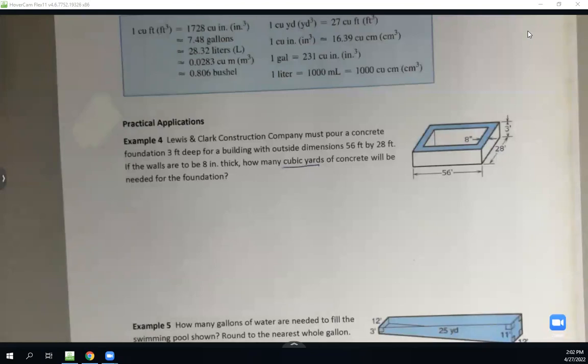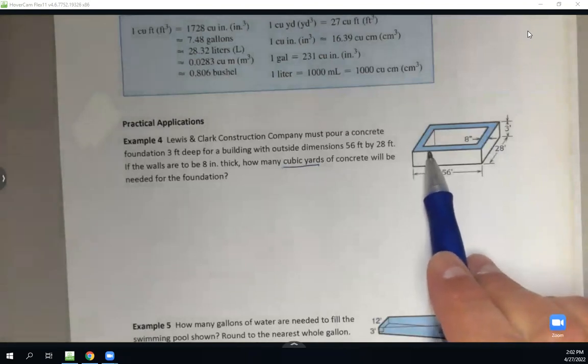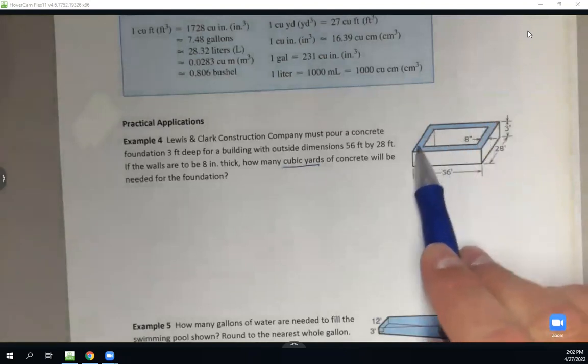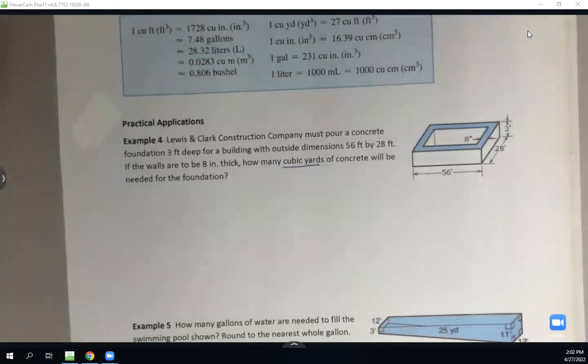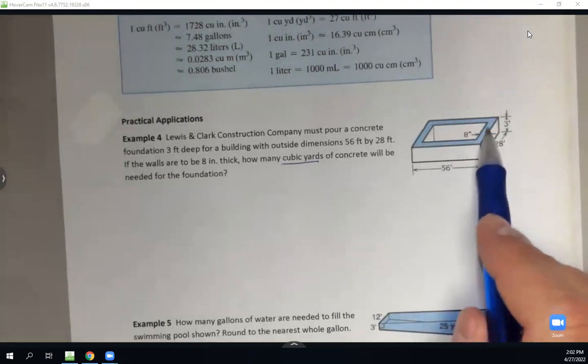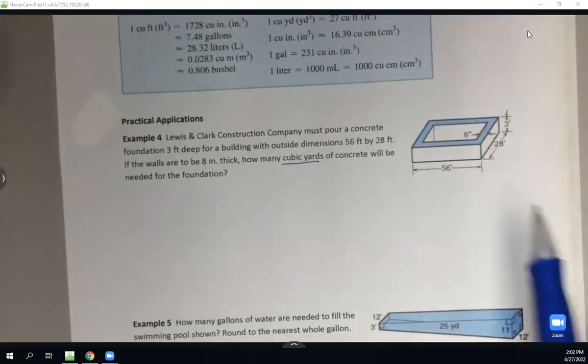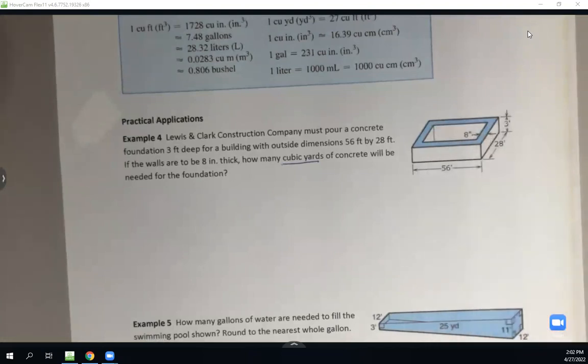So before I worry too much about the units, I just want to think about the shape that we have here. It's like we've got a rectangular prism, but we've got the inside cut out, right? So we need to figure out the volume of this thing.